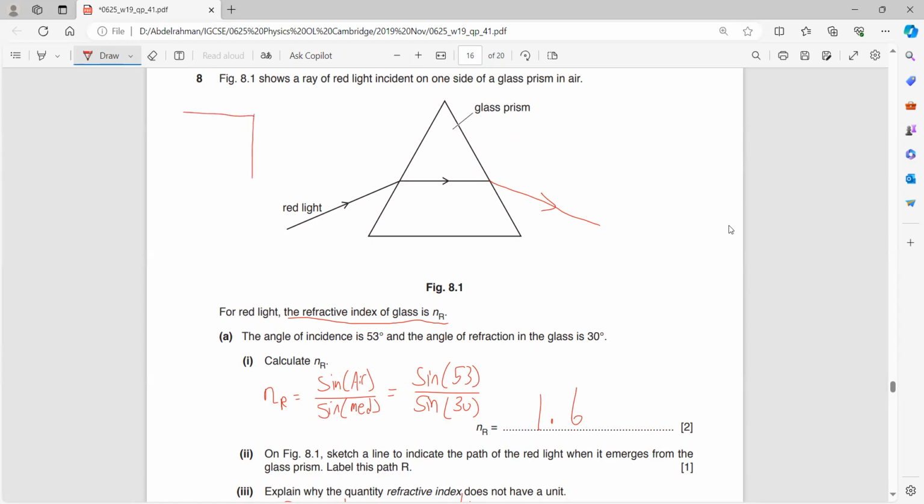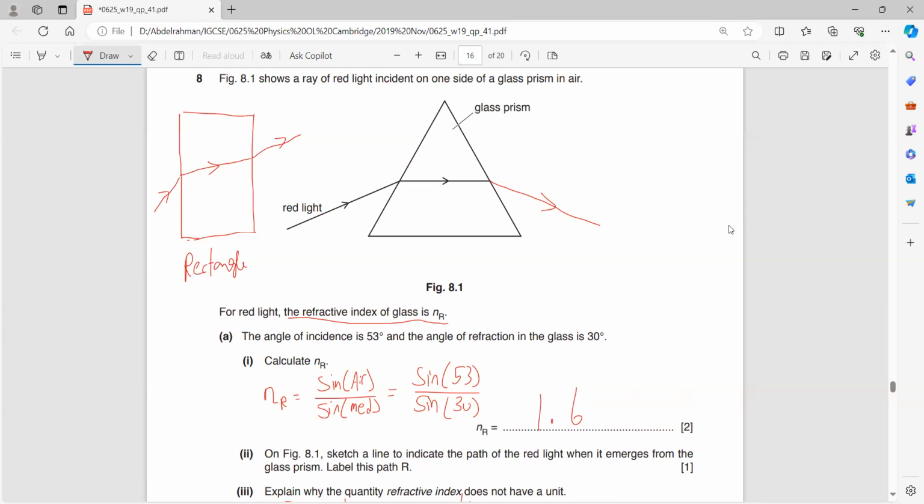If you had a rectangular prism, the light goes up a bit, then as it goes inside it is refracted a little, then as it goes out it is refracted upwards. That's if you have a rectangular prism. But with a triangular prism, this is what happens.